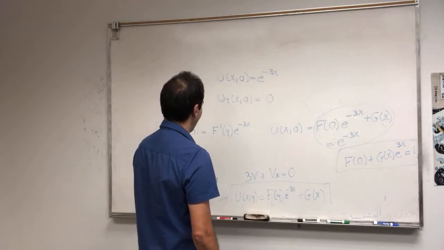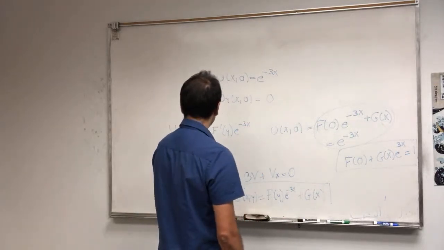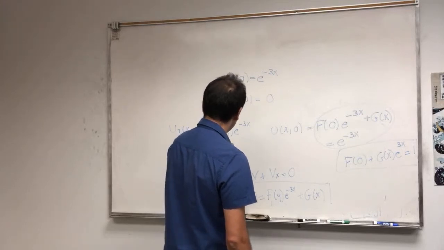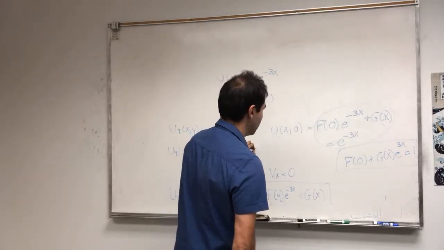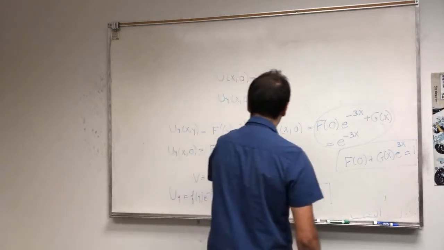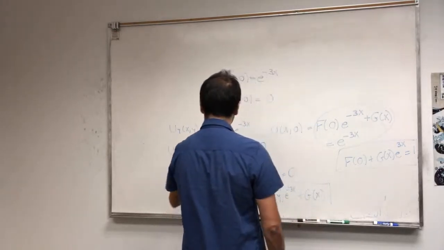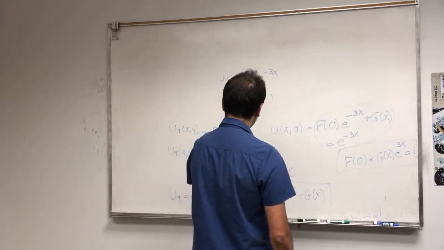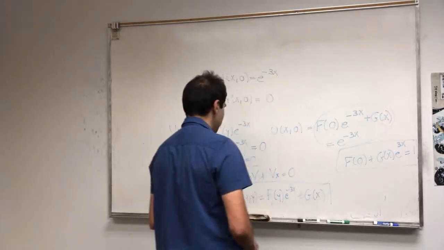So u_y(x, 0) becomes f'(0)e^(-3x), and that gives you 0. And that gives you, therefore, f'(0) = 0.